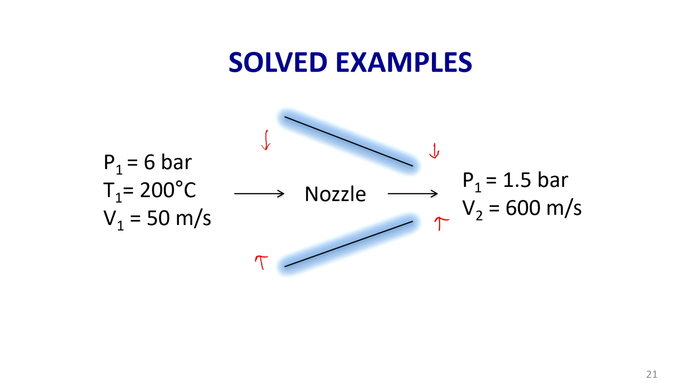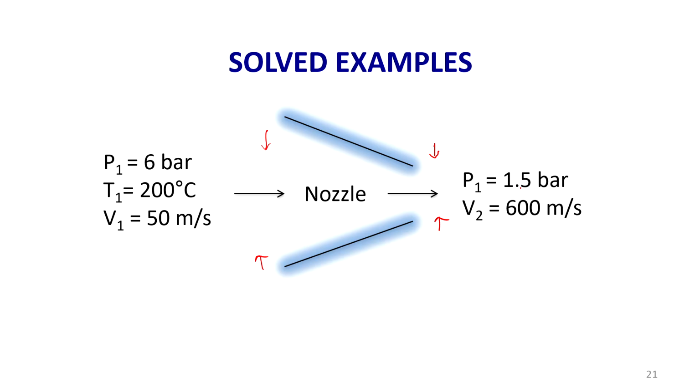It is a converging type of nozzle where the area gradually decreases. If it is diverging, it will be just opposite to that. So, the pressure at the exit of the nozzle is 1.5 bar, velocity has increased to 600. This is the data given in the problem.